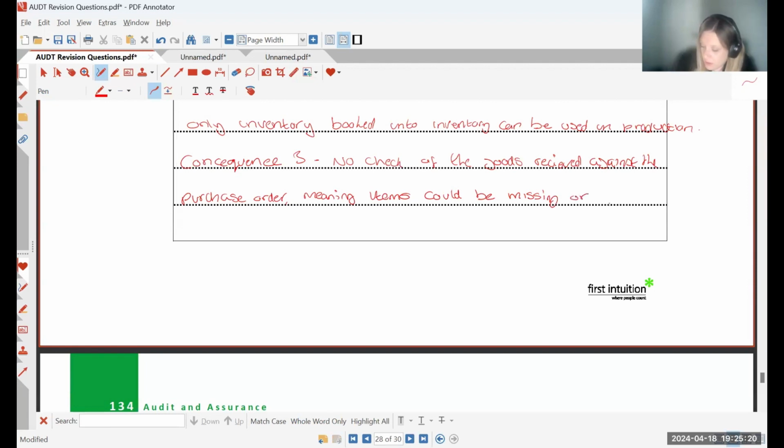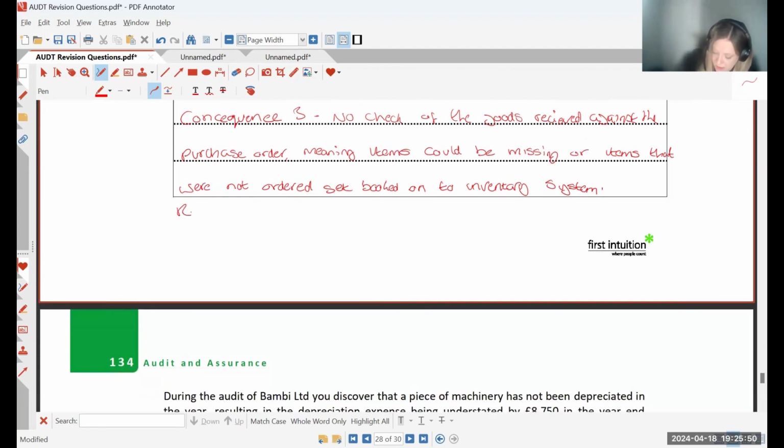Or items that weren't ordered. So if we receive things that we didn't order, they could get booked onto the inventory system even though we didn't order them. So our recommendation number 3, again, not too awful.